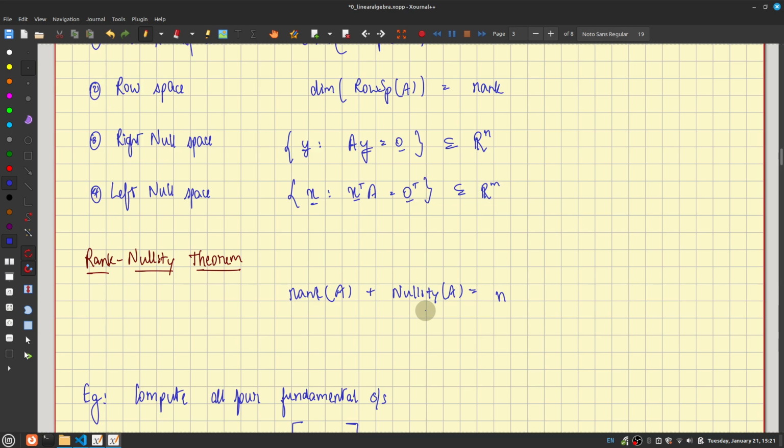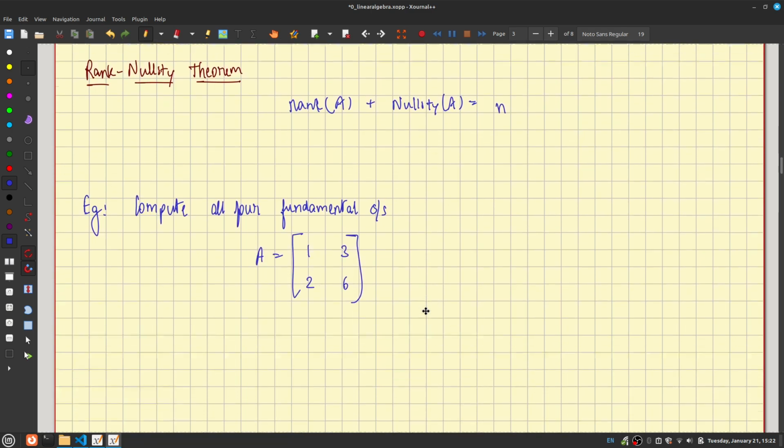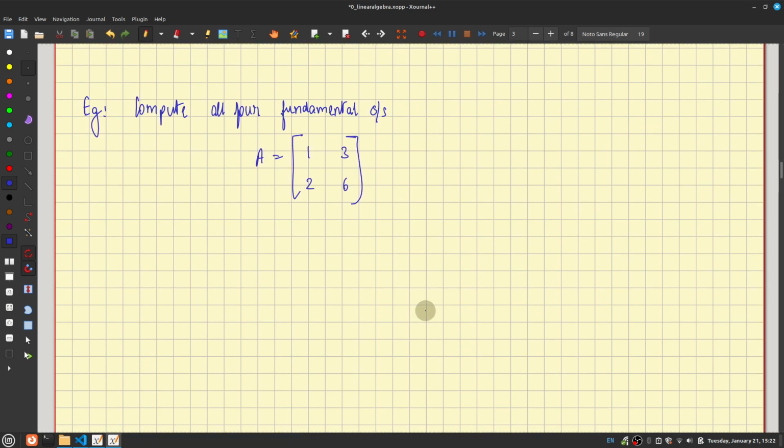Similarly, the rank of A plus the dimension of the left null space of A, which is the nullity of A transpose, should be equal to m. Right? Okay, great.